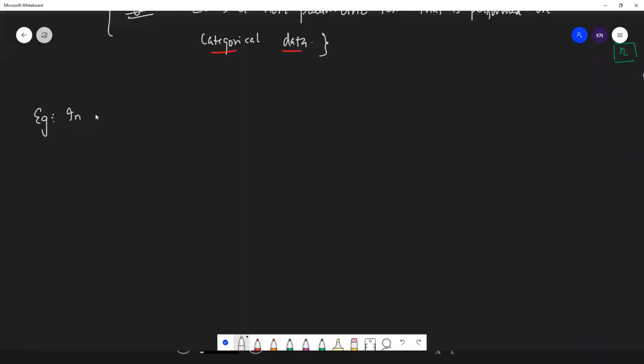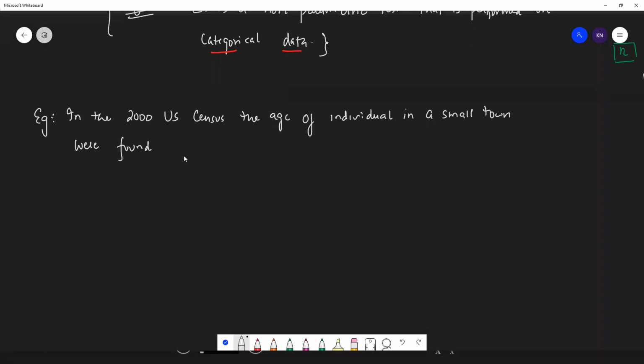In the 2000 US census, the ages of individuals in a small town were found to be the following.